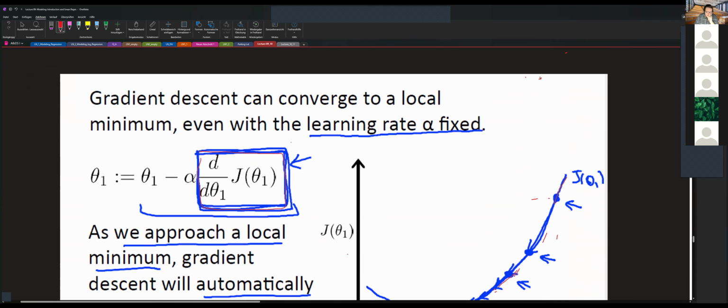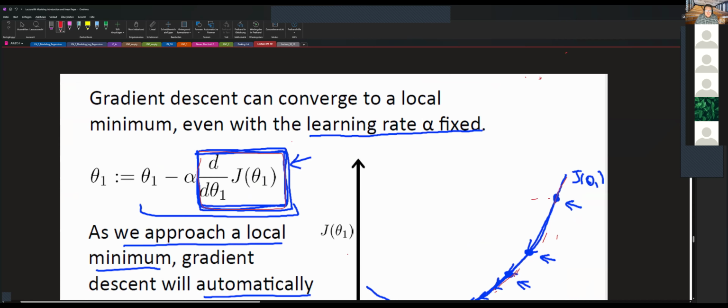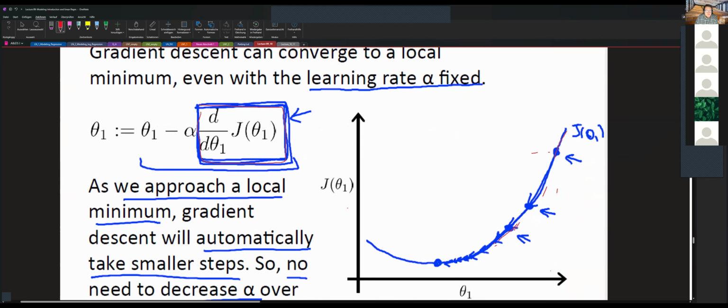So the important thing to know: gradient descent can converge to a local minimum even with the learning rate alpha fixed. With a fixed learning rate, this does not mean that every step is the same.